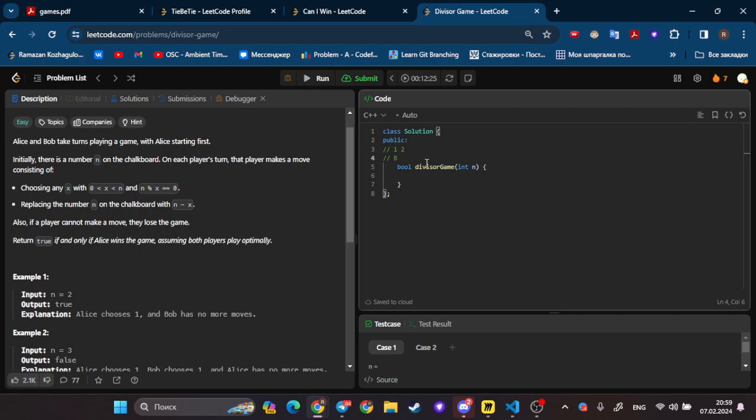Okay, if n equals 2, it's clear that Alice wins, because Alice can move like this, and so that's it. When n equals 3, what happens?